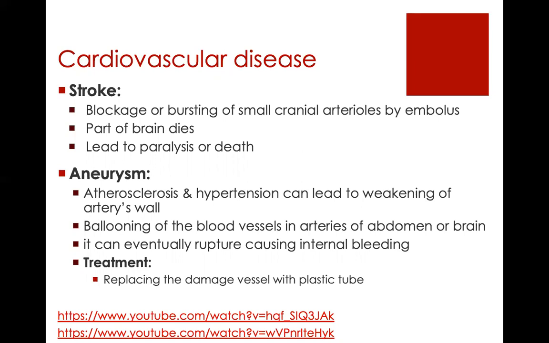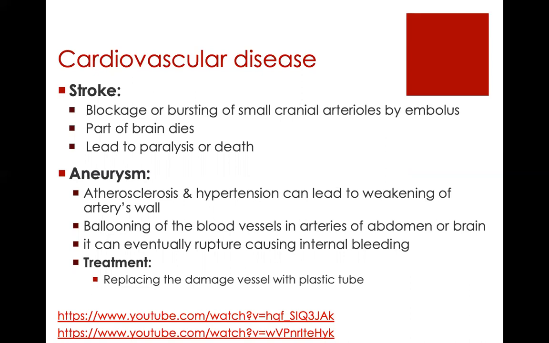Aneurysm is another case. It is when a person has either atherosclerosis or hypertension that causes the wall of the arteries, basically the structure of the artery, to become unstable. That causes ballooning of parts of the blood vessels. This ballooning can happen in the abdomen, in your brain, in your lungs.